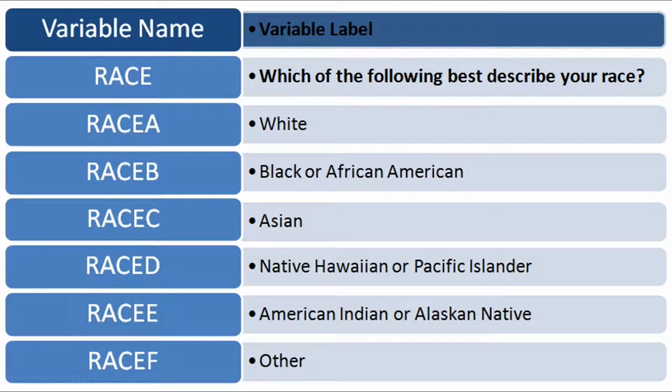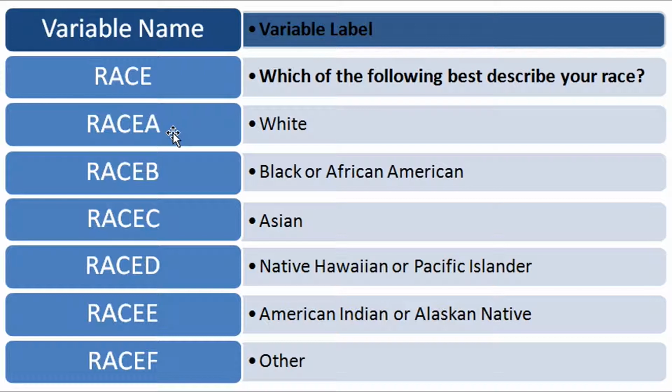For check each variable names, remember that the main check each variable here, which is race, will be the number of choices selected. So, if the respondent selects white and other, then race will be equal to 2. The choice variable names consist of the main variable name plus the suffix, and these will be equal to 1 when they were checked and 0 when not checked.